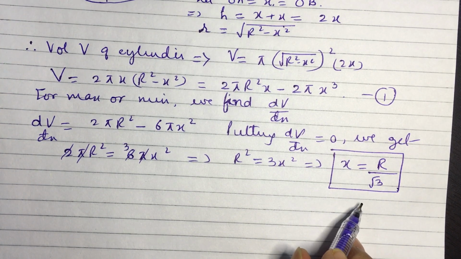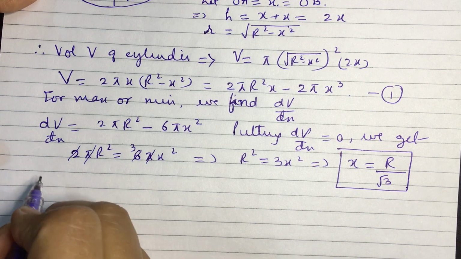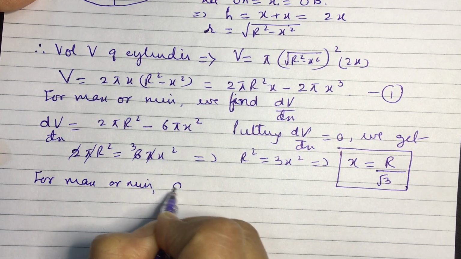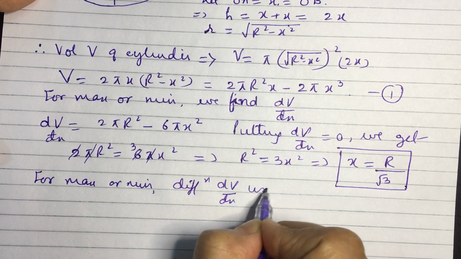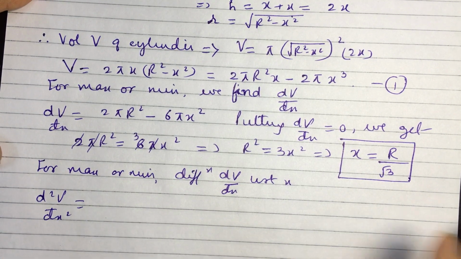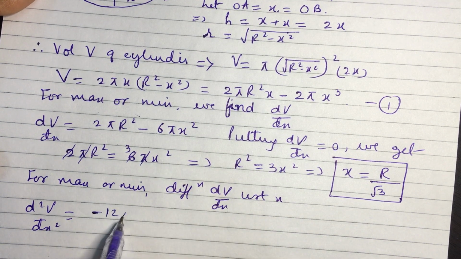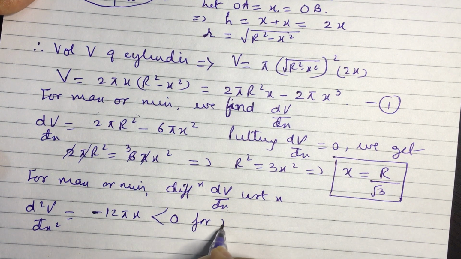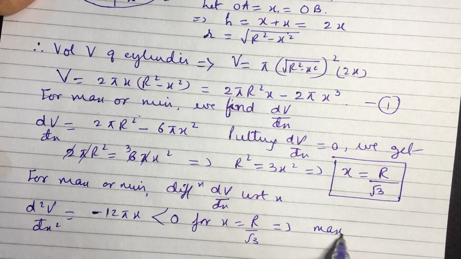Now corresponding to x equal to r upon root 3, we have to find for maxima or minima, so differentiate dV by dx with respect to x. So we get d2V by dx2 is equal to, this is all constant, so 0, and this is minus 12 pi x, which is less than 0 for x equal to r upon root 3, which implies maxima.